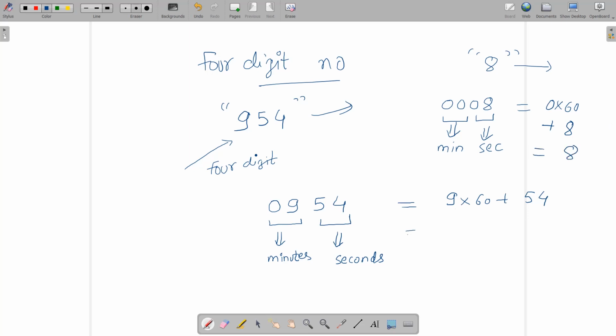For 954, the value should be 540 plus 54, so it denotes 594 seconds, if I'm not wrong. This calculation is correct.